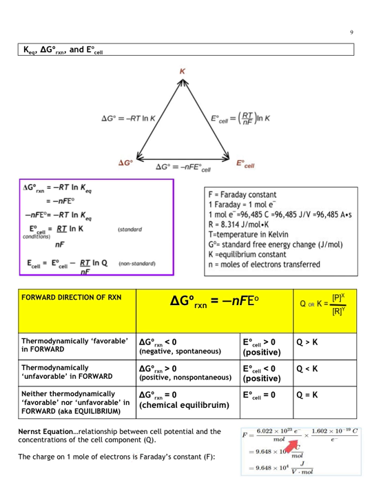Let me make sure we understand Faraday's constant. The charge on a mole of electrons is called Faraday's constant. There is a certain amount of charge for each electron, and if you have a mole of electrons, which is 6.022 times 10 to the 23rd, for each electron to hold this much charge in coulombs, that means if I multiply these two, that will tell me how much charge per 1 mole of electrons.